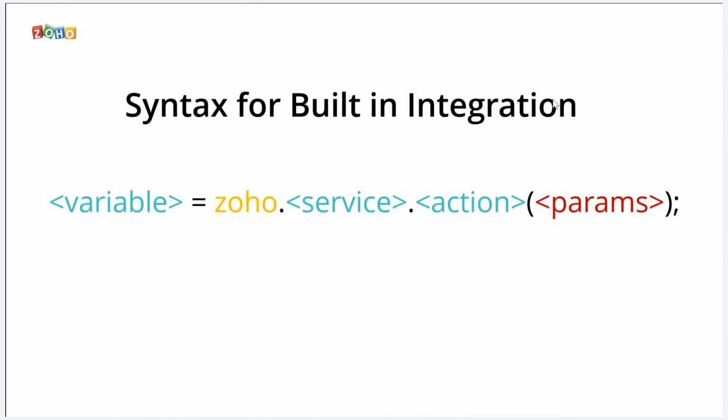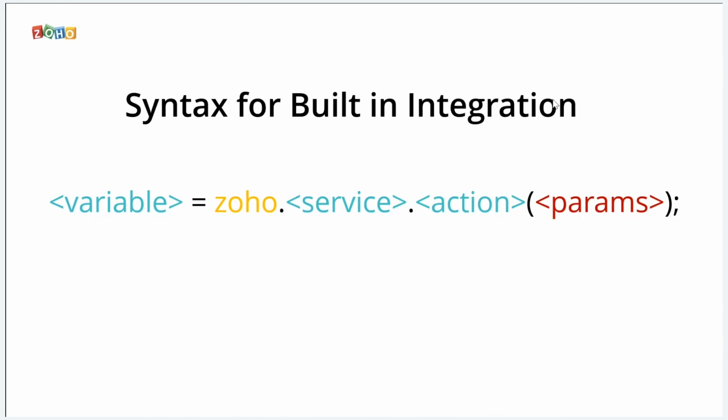So this is the syntax for the built-in integration, where you have variable is equal to Zoho dot service dot action. With action, you give parameters. So as soon as you click on Zoho dot, it gives you all the services by which you can use the integration for, where you'll have CRM, you'll have desk, you'll have inventory, and much more.